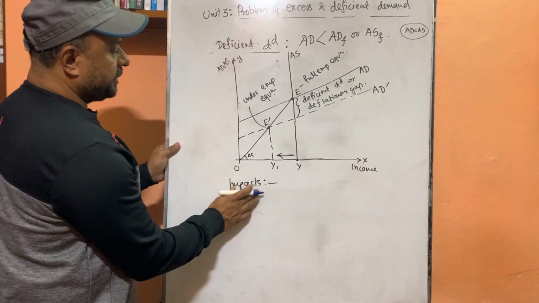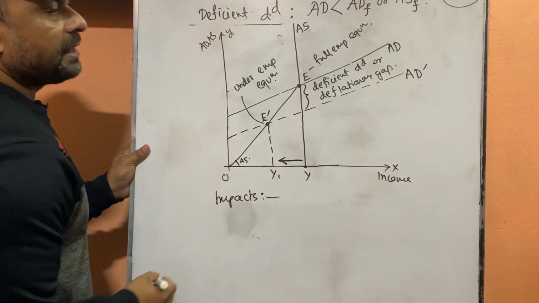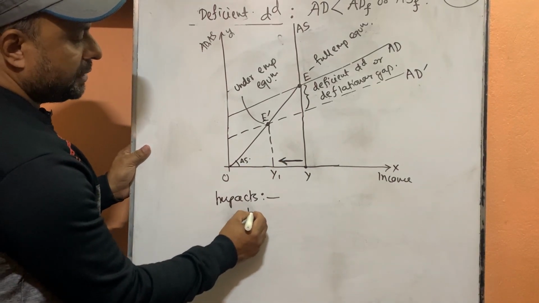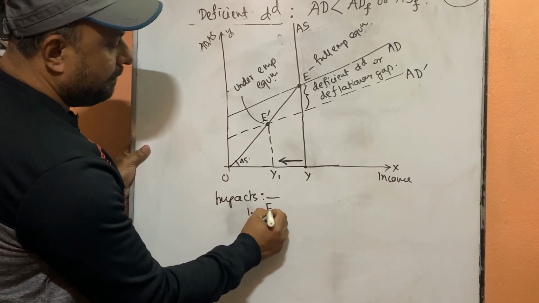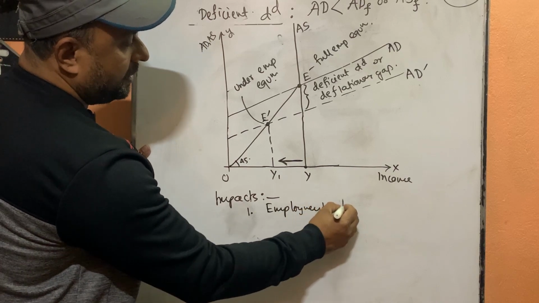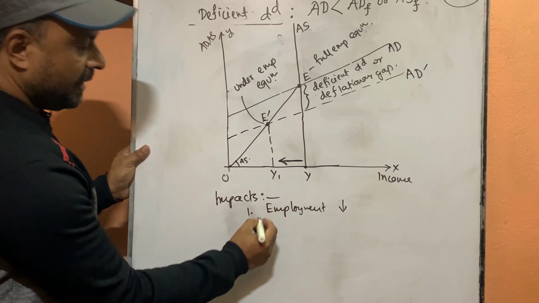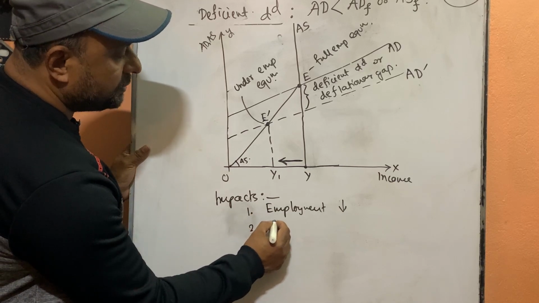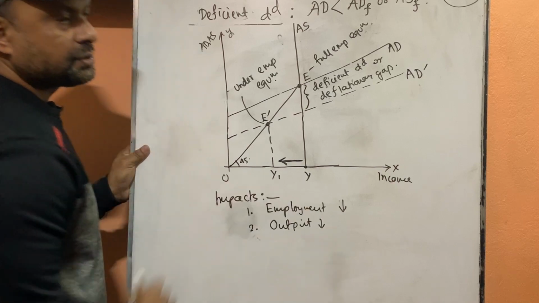Now, the impacts on the economy. Here what happened? Investment, income, employment, everything reduced. Due to the fall in investment, the employment of the whole country will reduce. If employment of the country reduces, output of the country also will reduce.